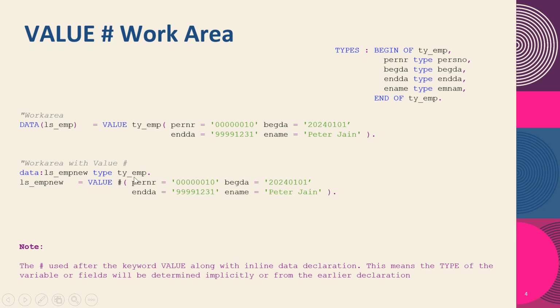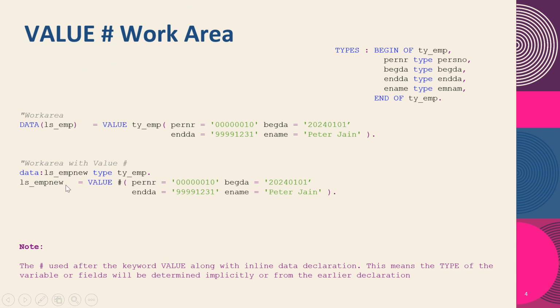Think of this scenario where I am declaring a work area of a type, and work area equals VALUE hash. With this, what happens? The system already knows the value being constructed is to be assigned to LSEMP new, and the LSEMP new type is already known.